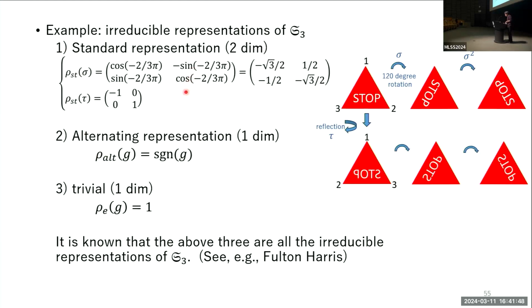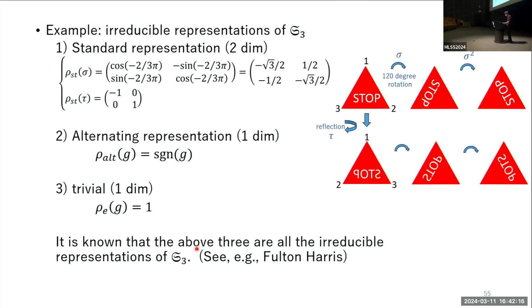And also, it is obvious that this two-dimensional representation is irreducible because this is rotation. We cannot find any one-dimensional space which is invariant to these linear transforms. So they are examples of irreducible representations of S3.